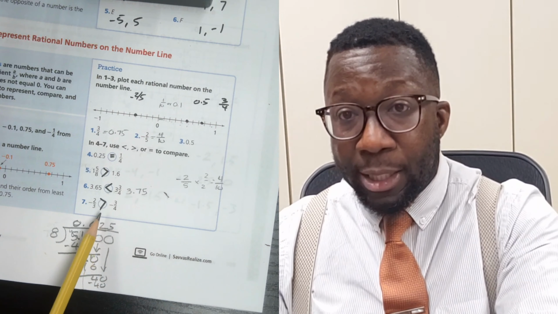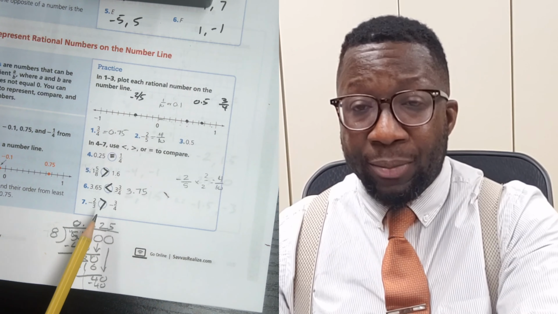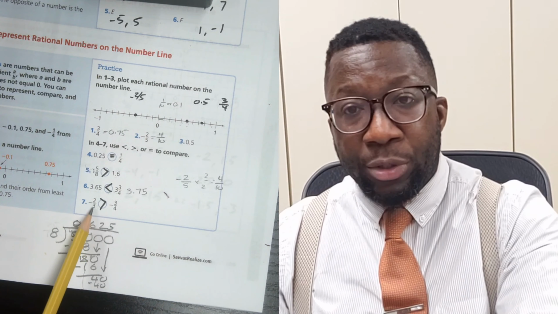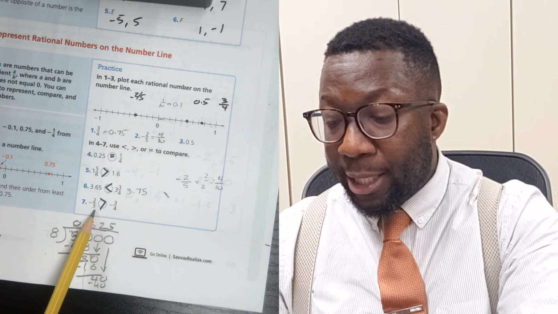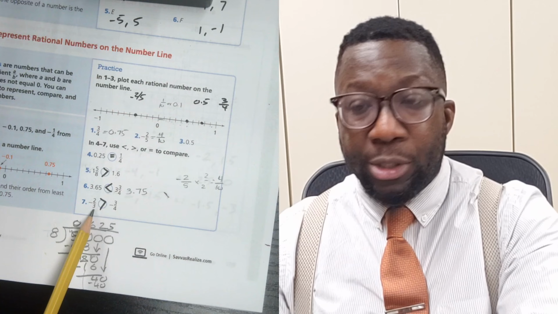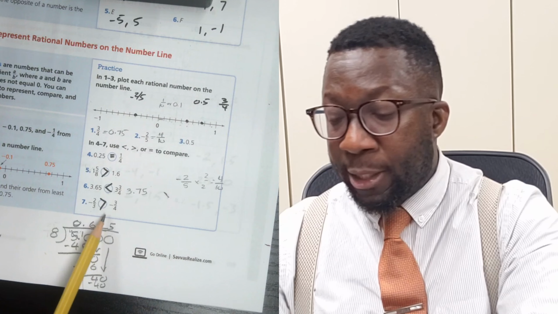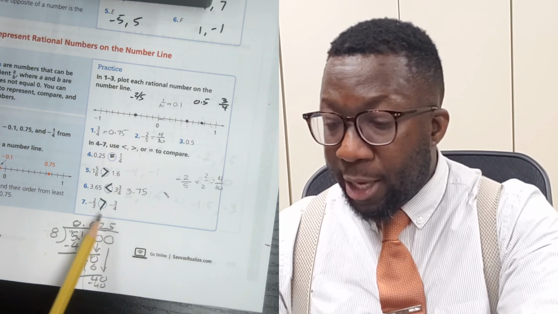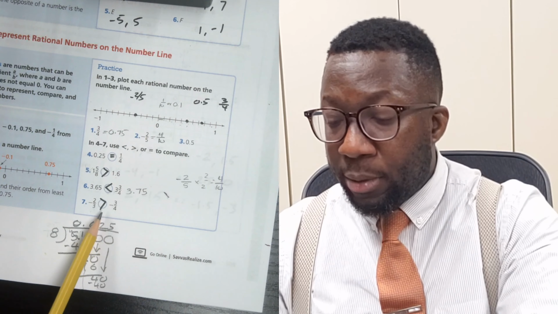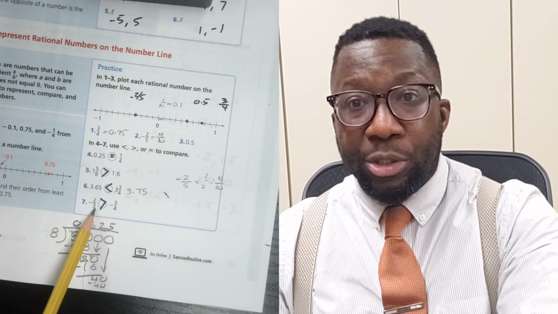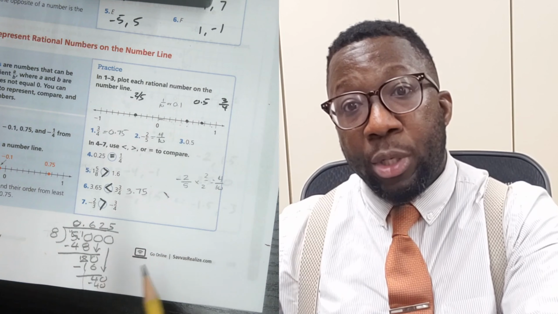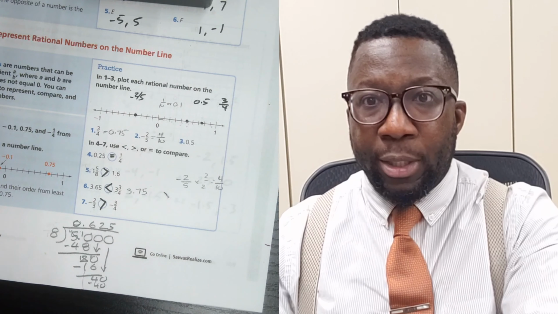And then last but not least, this is where most students will make a mistake, because they'll see 2/3 is less than 3/4, and want to say, oh, because of that, this is less than that. The reality is, just remember, pay attention to the negative sign. The closer we are to 0, the greater that value is.